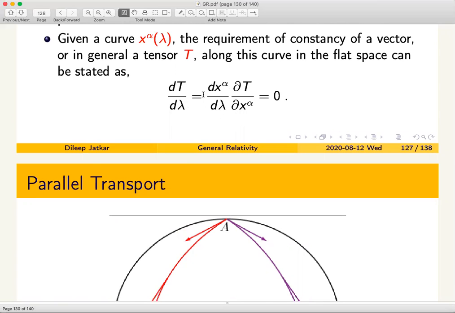Although dx alpha by d lambda is a vector quantity, the derivative of a tensor, remember I have not written any indices on this tensor because it can be an arbitrary index tensor, but all we need to remember is that T is a tensor of some rank. Partial derivative of that tensor is not a tensor. So therefore, this equation is effectively not a tensor equation.